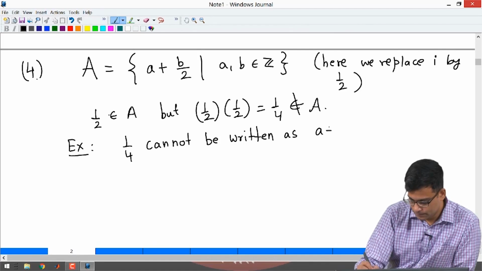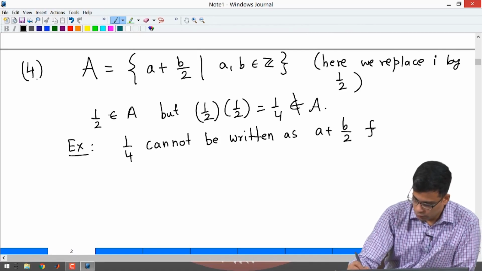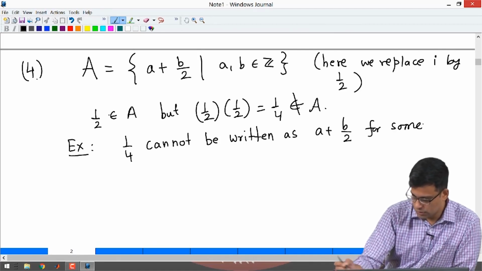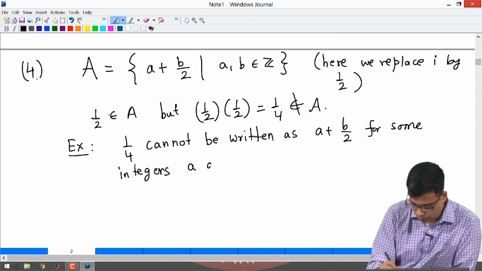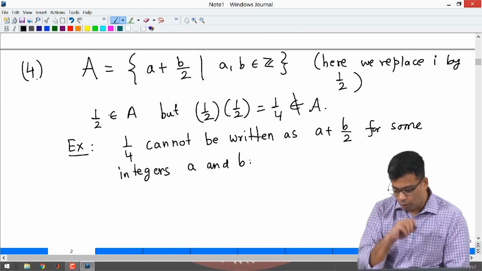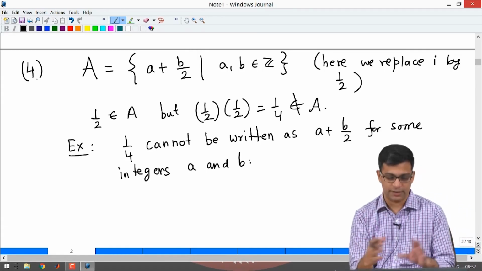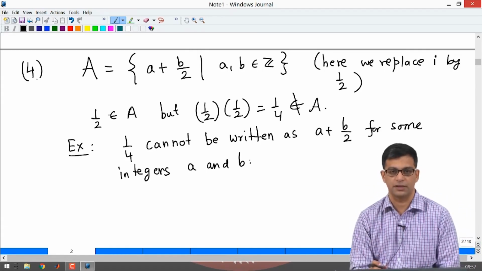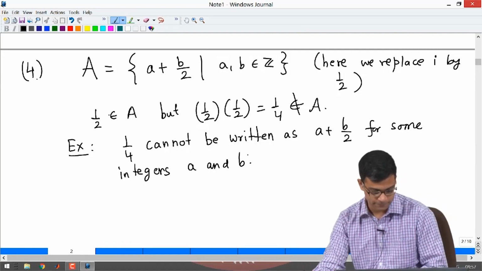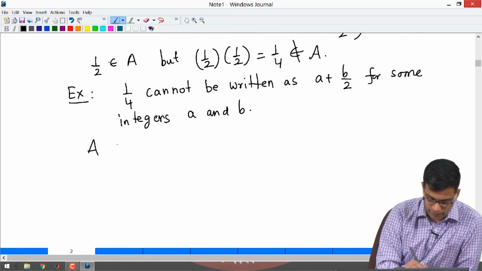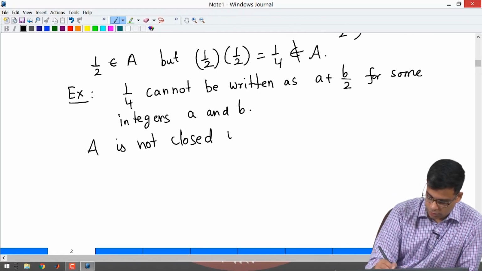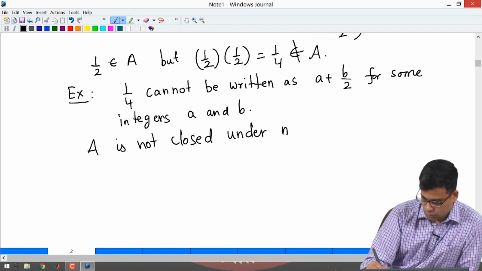You write it like this and you clear denominators and check that there is a contradiction. So, that means what I want to highlight here is that A is not closed under multiplication.